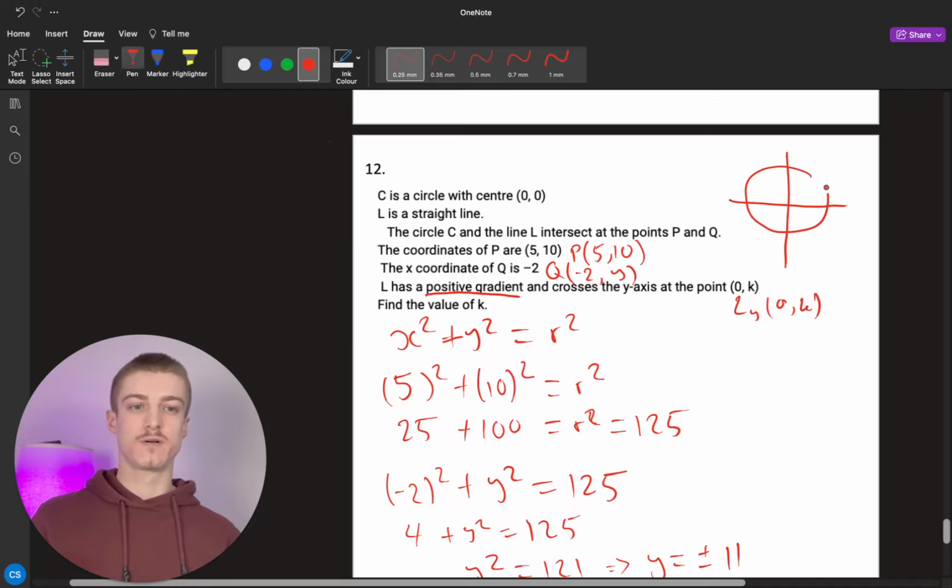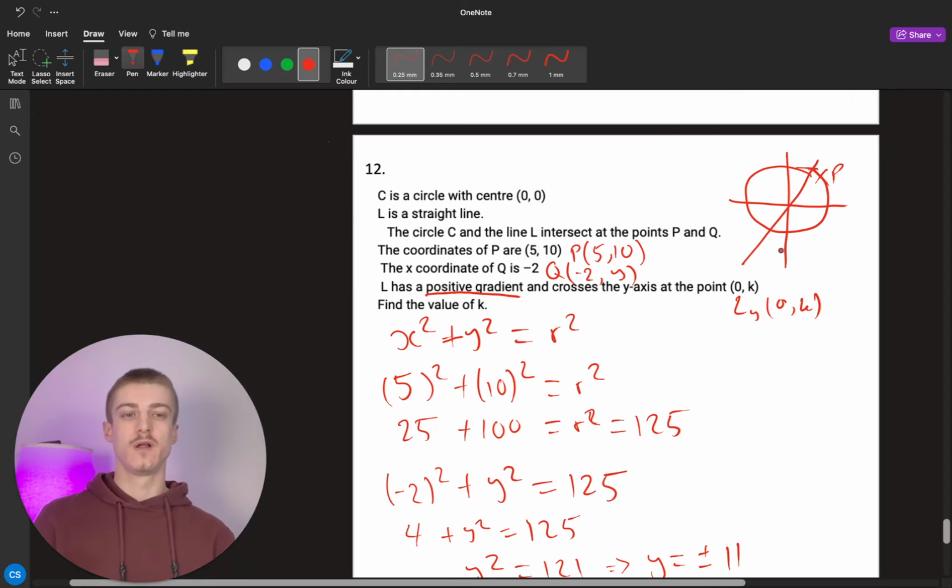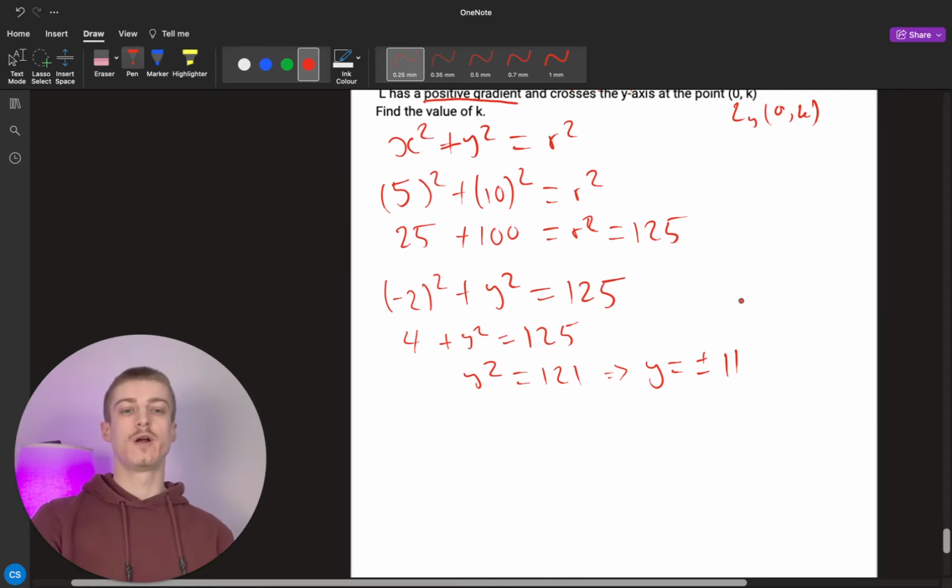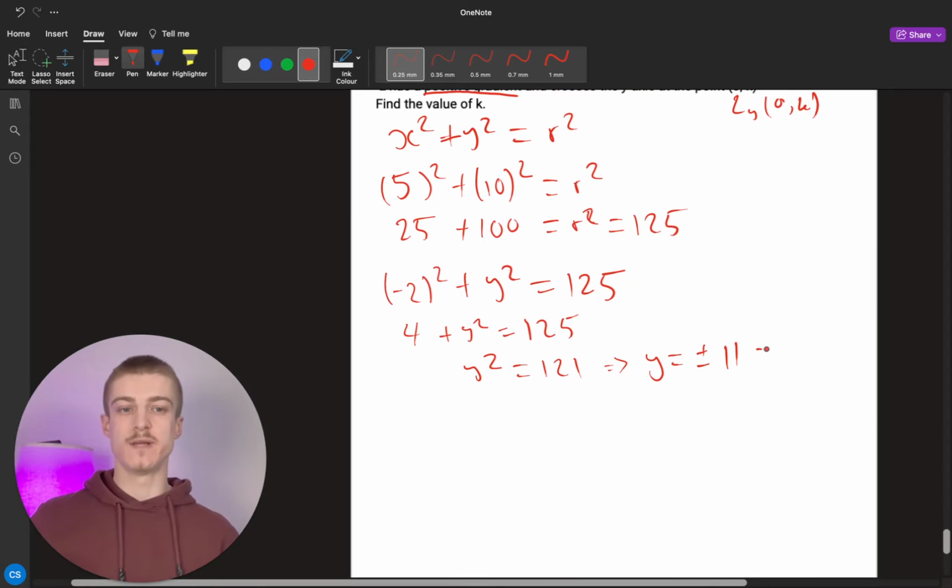So y minus 10 equals our gradient of 3 times (x minus 5). Let's expand and rearrange that. We get y equals 3x minus 15, and then we're adding the 10 from the left to the right. So y equals 3x minus 5.